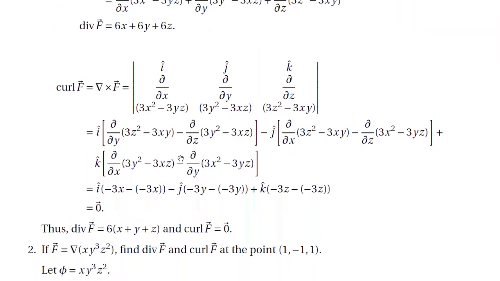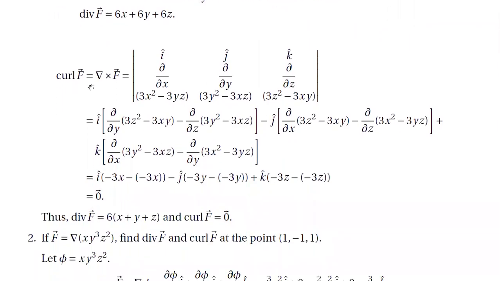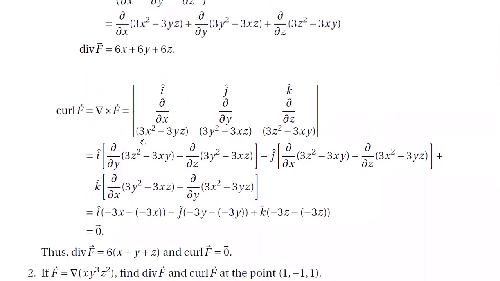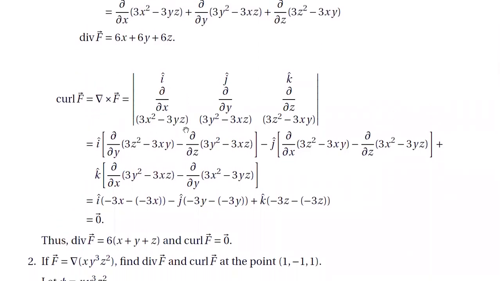Then we can calculate the value of curl of vector f, that is equal to del cross product with vector f. Del is again the vector differential operator, dou by dou x i plus dou by dou y j plus dou by dou z k. So take the given vector f and find its cross product with del. We get i, j, k in the first row. The i component of del is dou by dou x and the i component of vector f is 3x square minus 3yz.